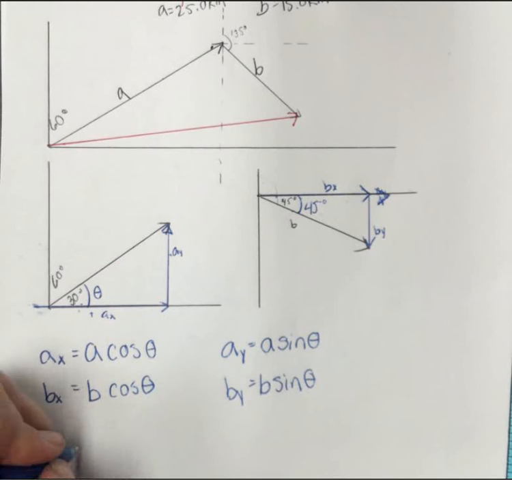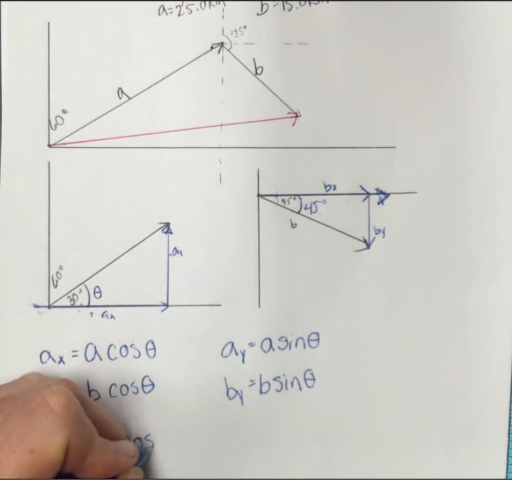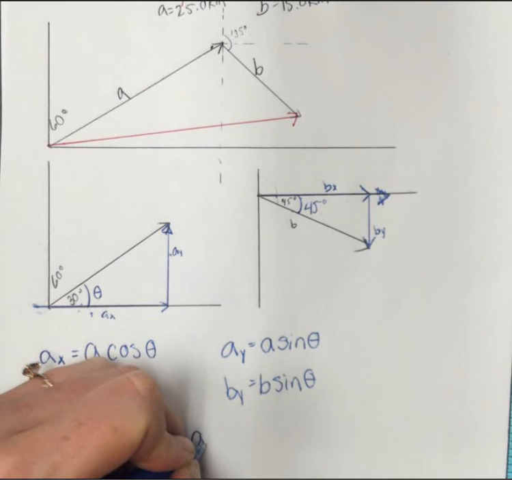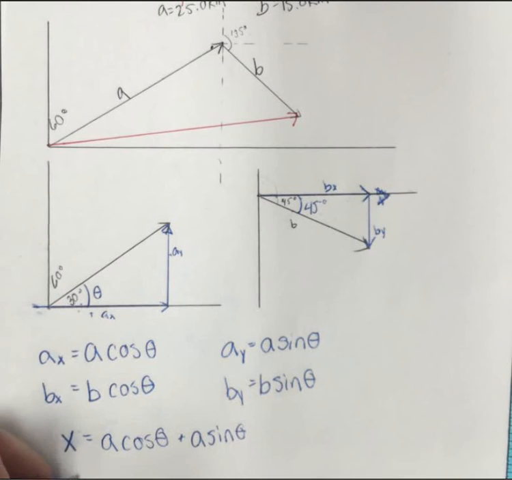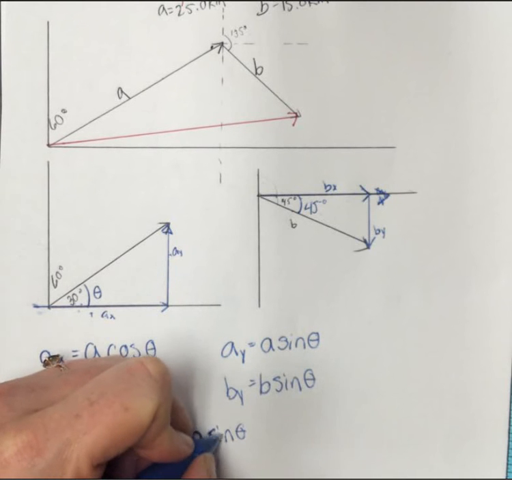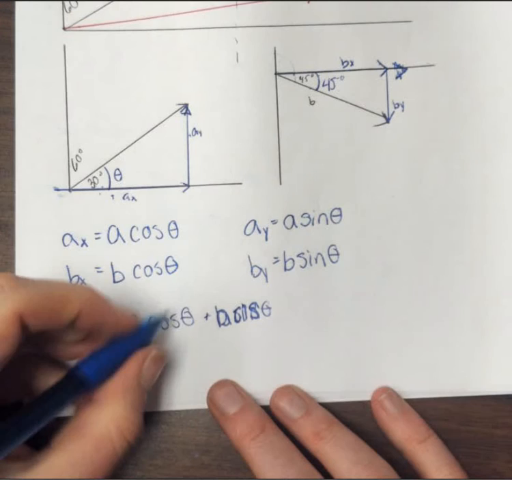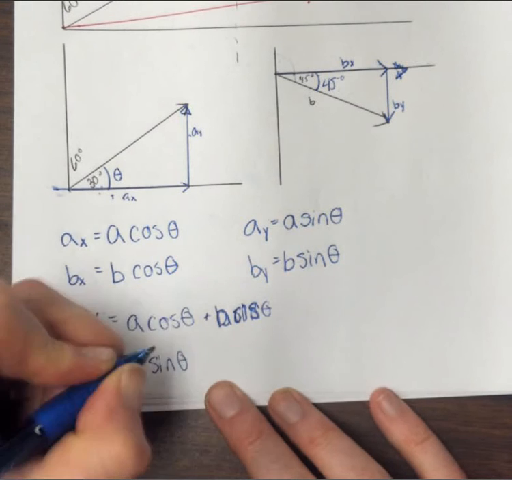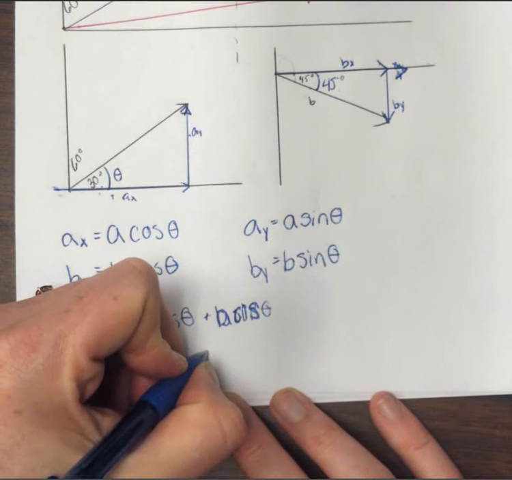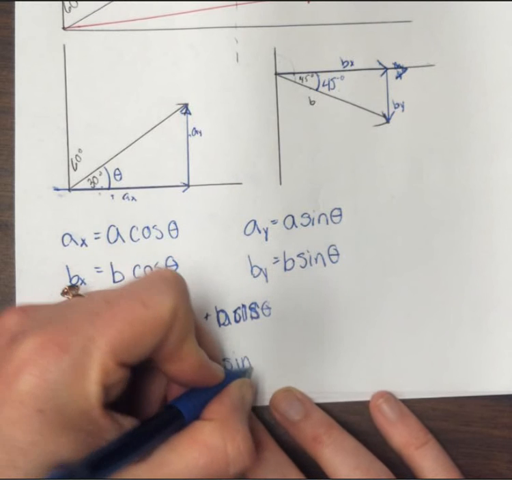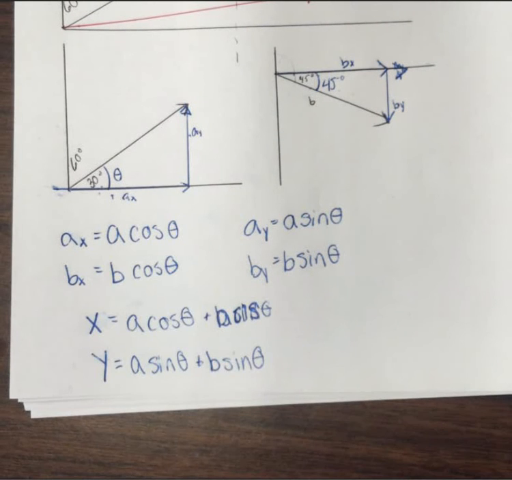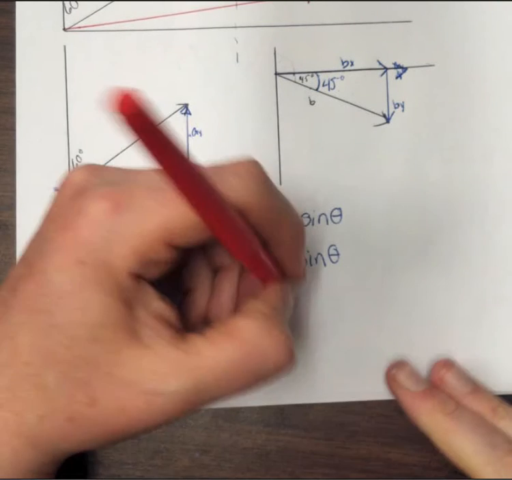So in the x direction, that's going to be A cosine theta plus B cosine theta. And in the y direction, it's going to be A sine theta plus B sine theta. So we can now solve these plugging in their values.